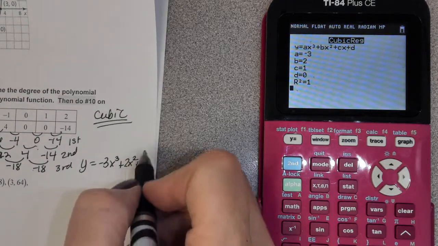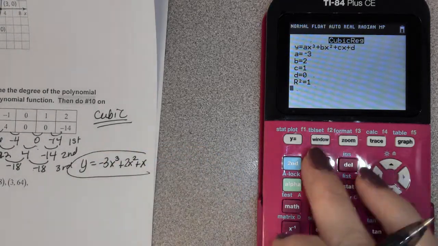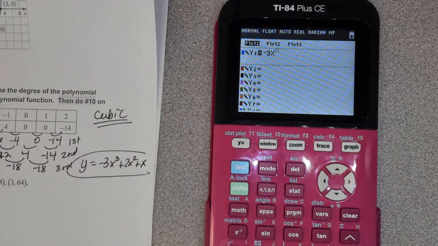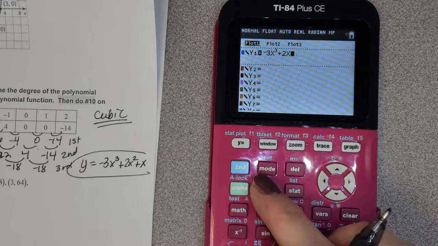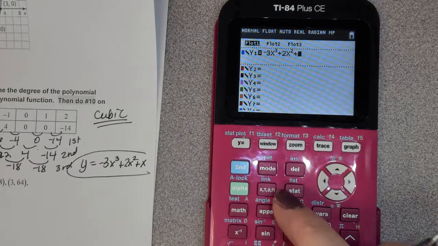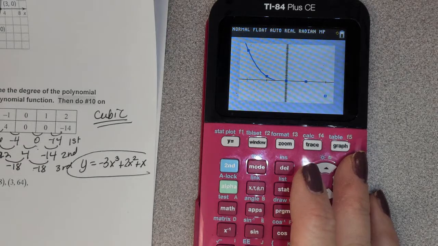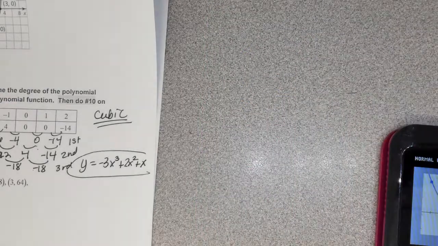The d value is 0. If I want to check it, I just do a graph, and if we've done it correctly, it should go through those points very well, and it does. Any questions so far?